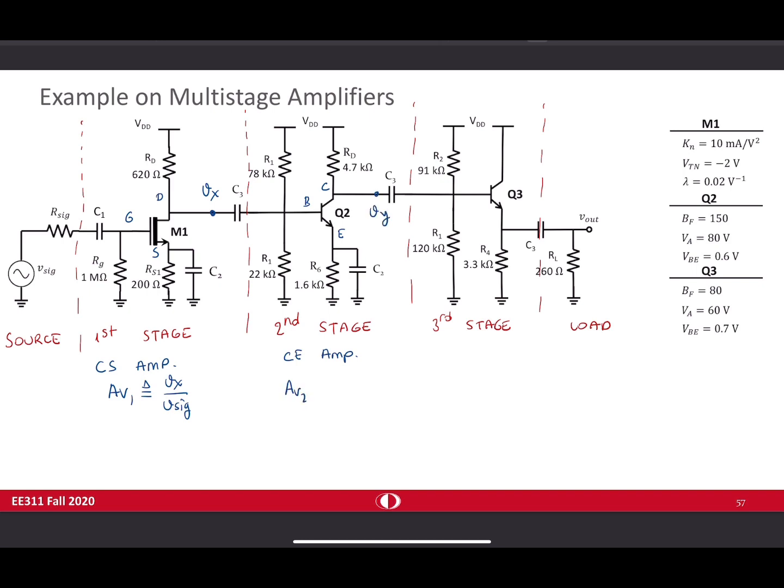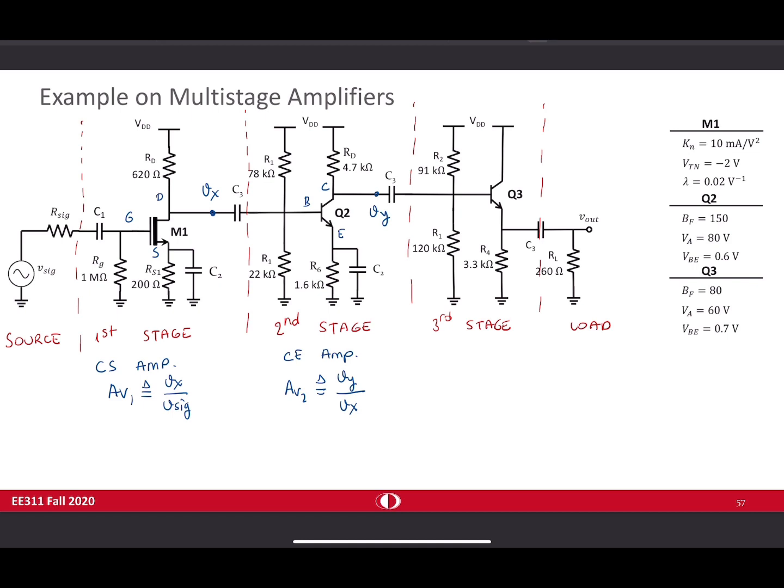So AV2 is defined as Vy over Vx. Again, when finding Vy, the third stage is simply a resistive load for the second stage. So you need to find the input resistance of the third stage and put it in here like a load resistance to find the gain of the second stage. So the loading coming from the next stage is a pure resistance, which is the input resistance.